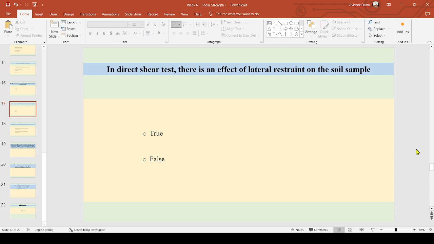That also needs to be answered. If it is false, then if there is no lateral restraint, then how is the soil sample aligned in the shear box? And if there is lateral restraint, then how is the lateral restraint acting on the soil sample? Okay, next question.